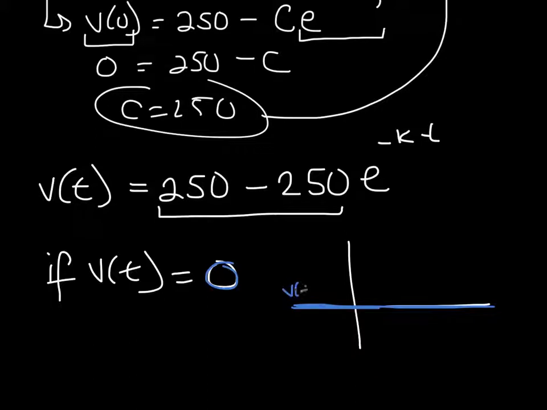So v of t is 0 at any given time. At 0, the velocity is 0. We know that because v of 0 is 0.